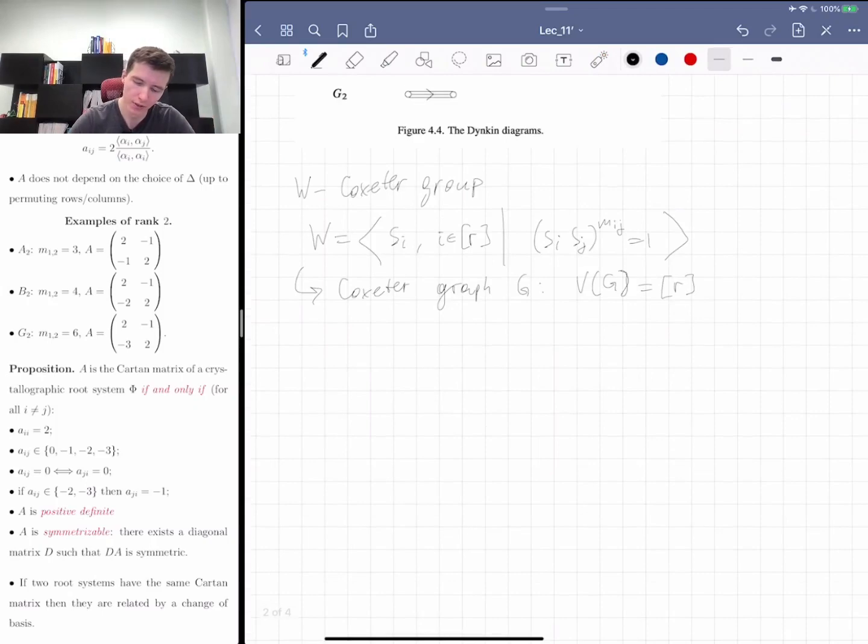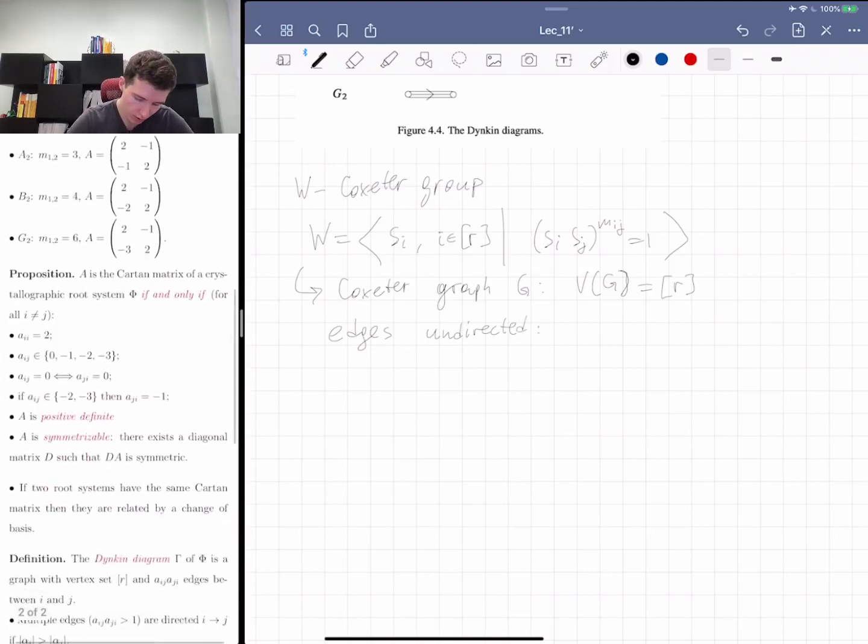Okay, so the vertices are just integers from 1 up to r. They correspond to these simple transpositions, and then the edges, unlike the case of the Dynkin diagrams, are all undirected, but some of them are going to be labeled.